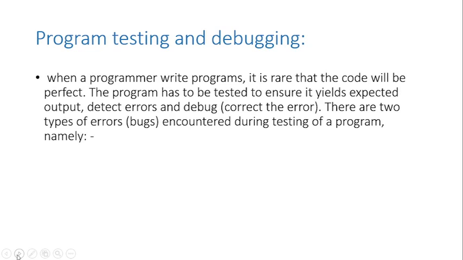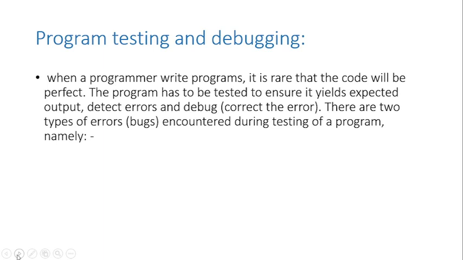It is clear that the code written must be perfect, so the program has to be tested to ensure it yields expected outputs, detect errors, and debug or correct the errors.